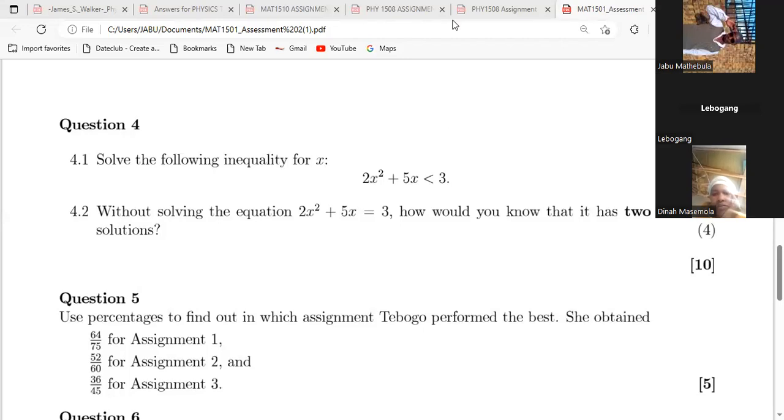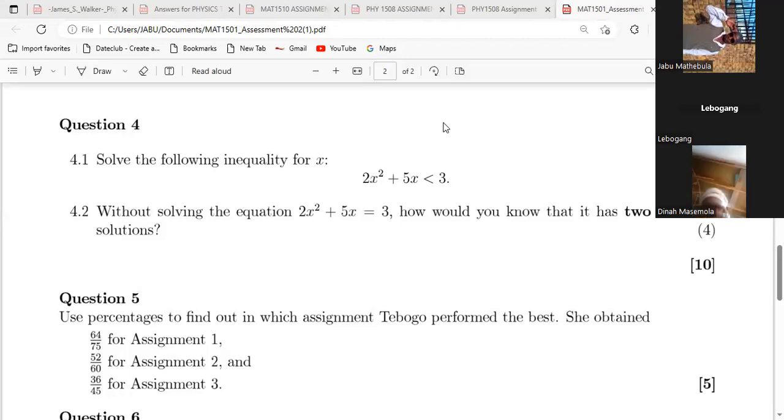So what we do is we take the discriminant, which is b squared minus 4ac.